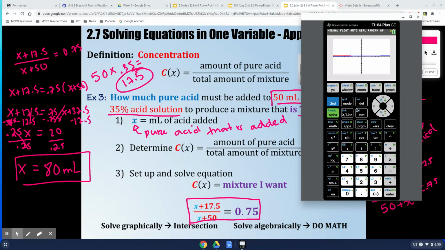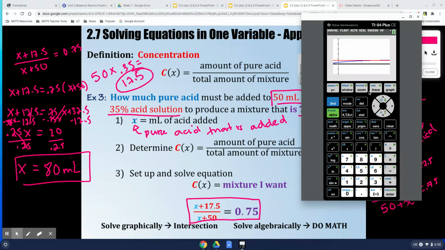There's 0.75. We know that it's 80, so I probably need my X max to be more. Let's see, I do see the intersection a little bit. Let's change the window a little bit more. My y minimum probably doesn't need to be that small. Let's do like -2. There, now we're going to be able to see it.